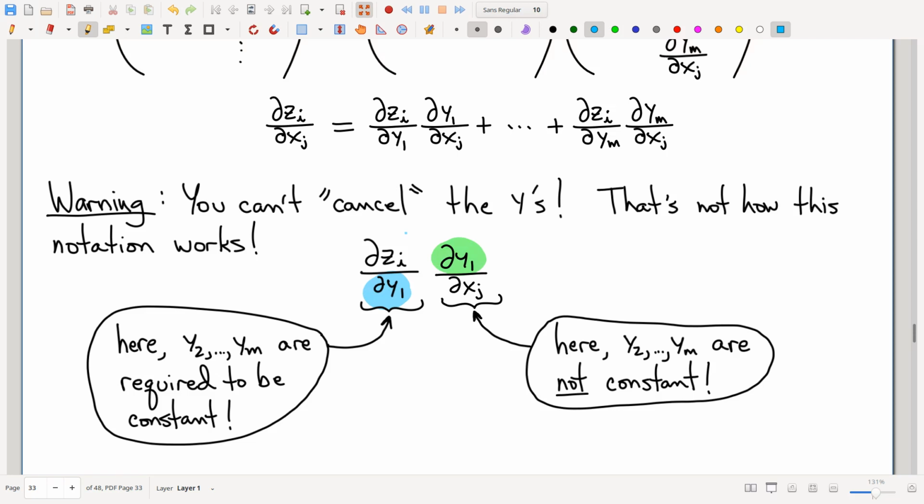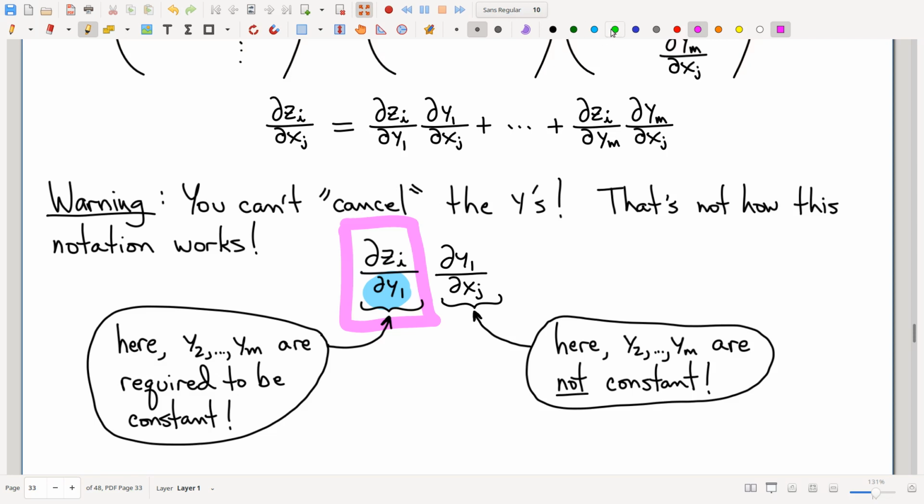Let's start by thinking about the denominator one over here on the left. That's part of what I'm going to call a story. There's a calculation here of this left partial derivative. That computation involves setting up a scenario and making certain assumptions. There's a story going on there. We've got these z variables. They're functions of a bunch of different y variables.